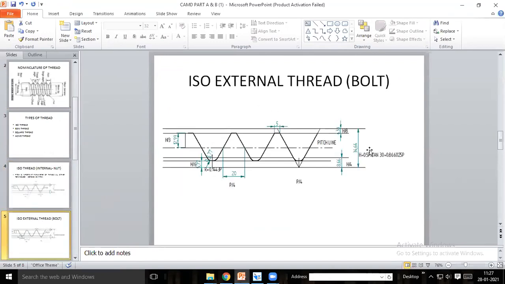I already drew this. You refer here, it is h by 8, h by 4, for external thread.